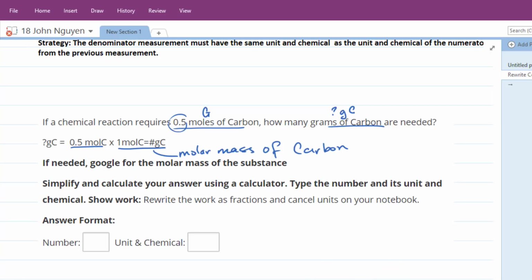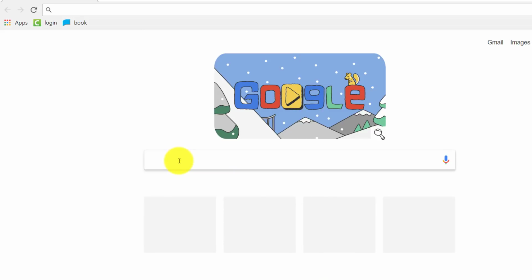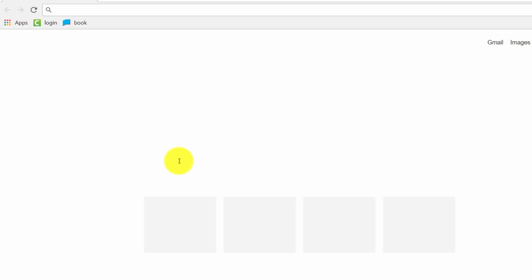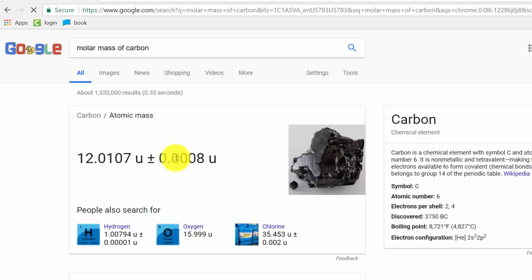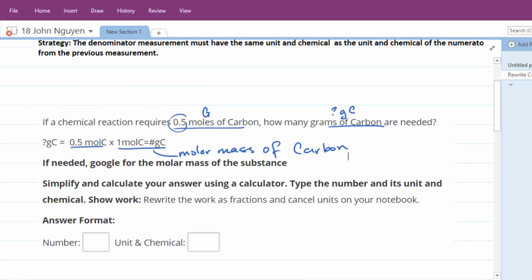I can just Google for the molar mass of carbon. Later on, I will show you how to calculate the molar mass of any substance, but for now, let's look it up. Molar mass of carbon. And what do we have? We have 12.01, and that number goes right over here. So this number right here is actually equal to 12.01.